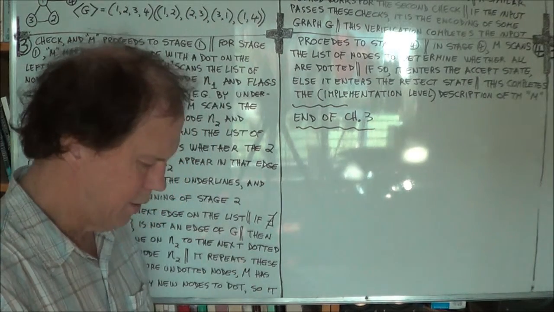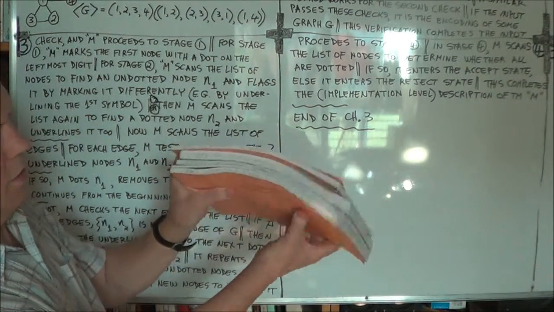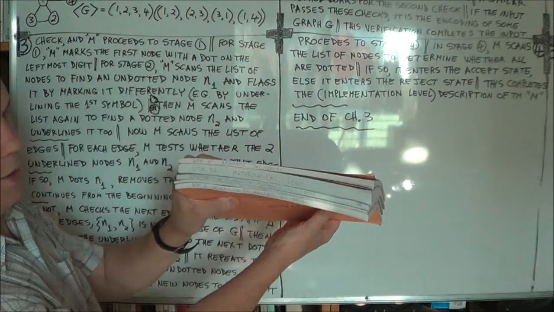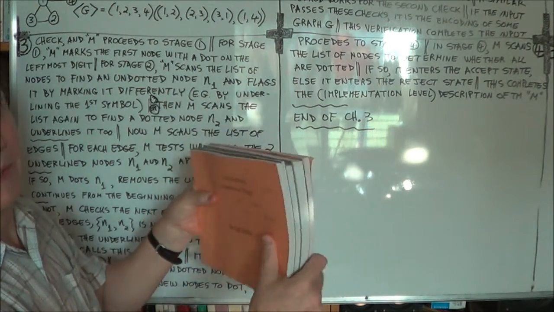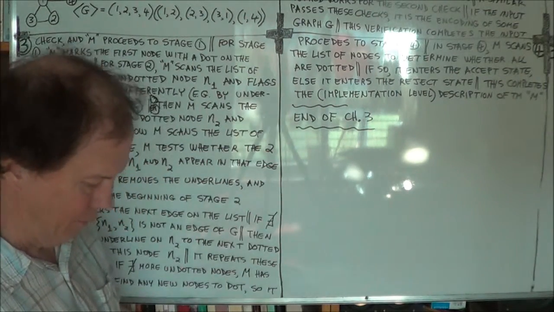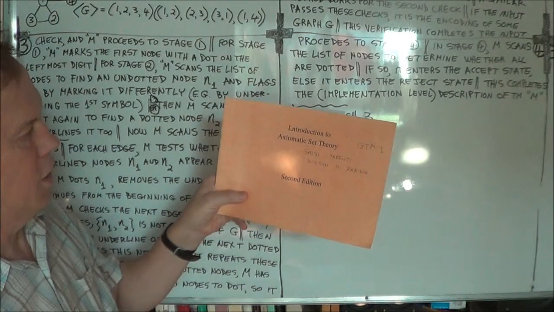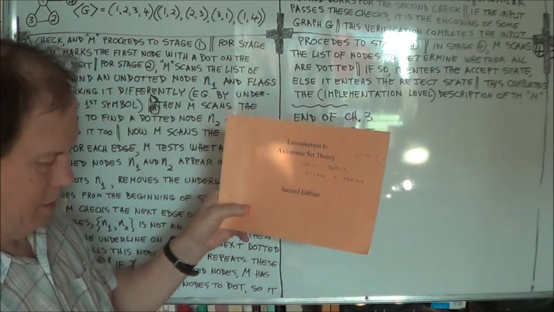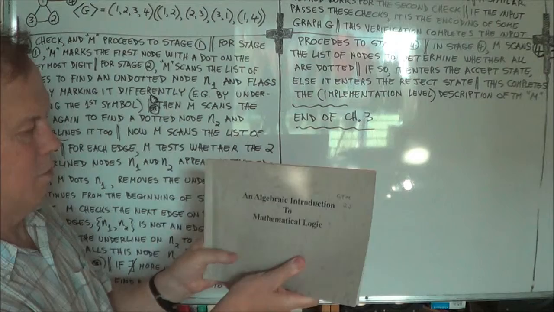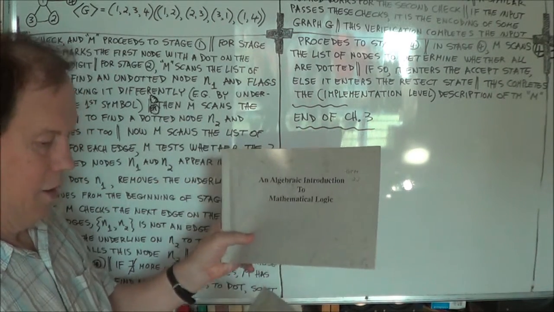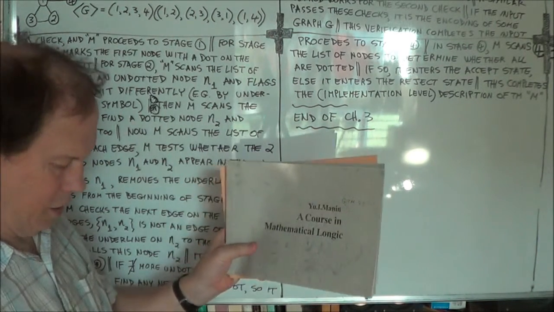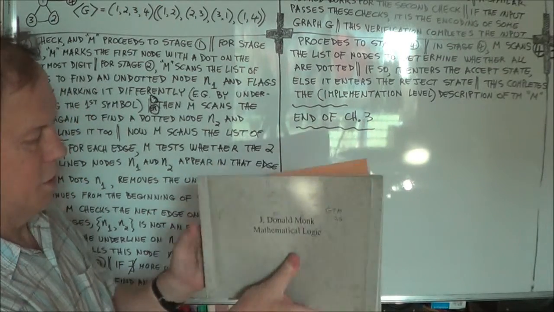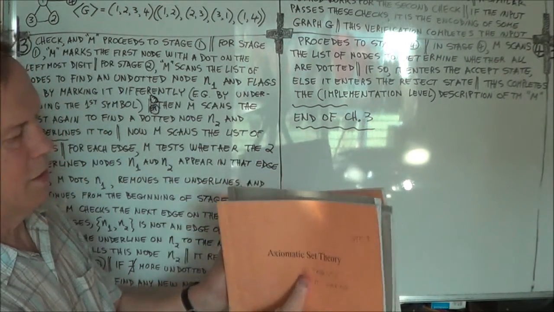Right, now I haven't quite decided, but you can see here I've got 5 books on set theory and mathematical logic, like Introduction to Axiomatic Set Theory, an algebraic introduction to mathematical logic, a course in mathematical logic, axiomatic set theory.